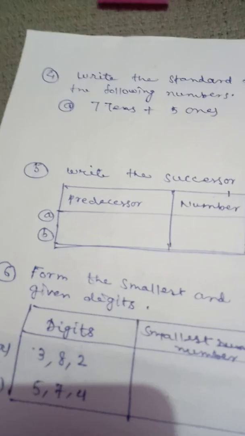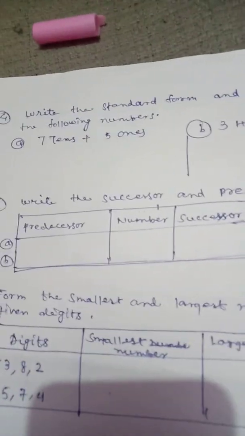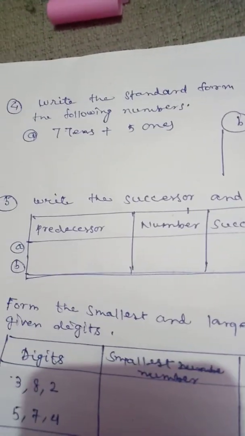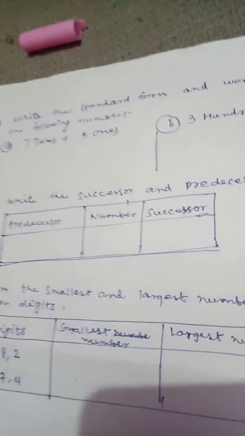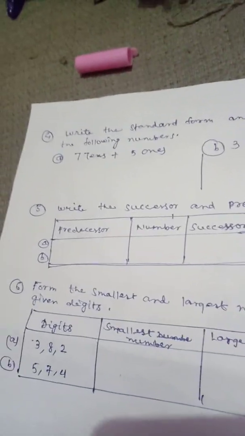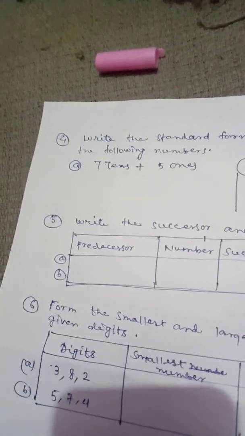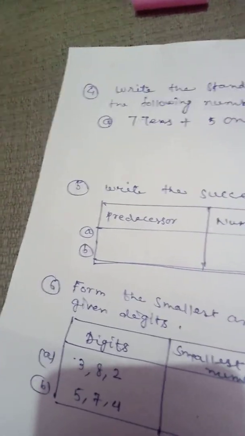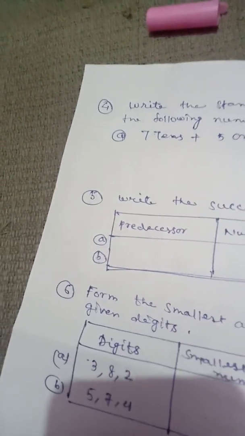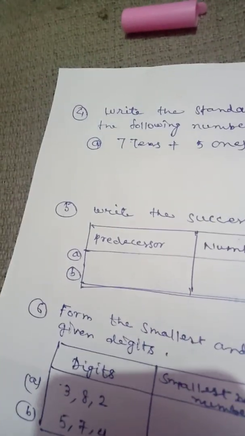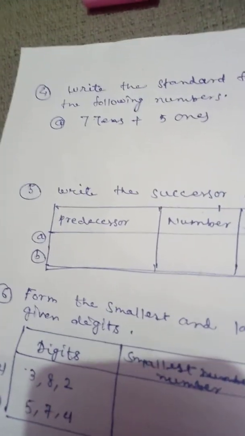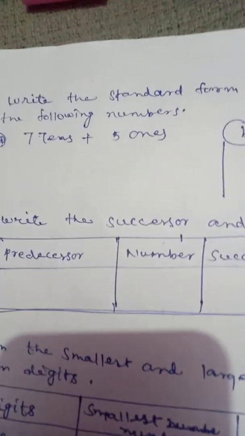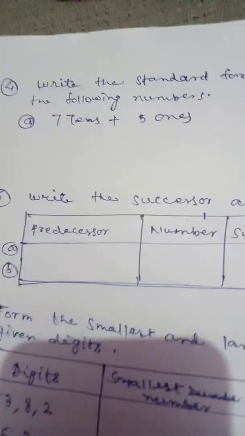First we try to understand, and then after we also write the number form. We also write the numbers in word form. So 7 tens and 5 ones.